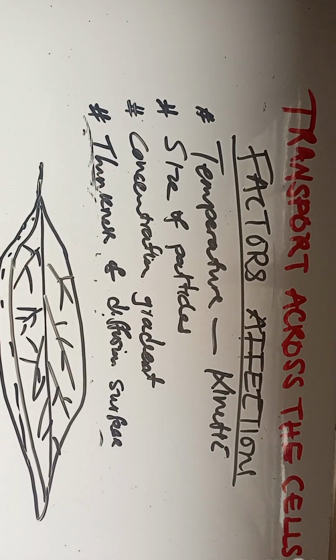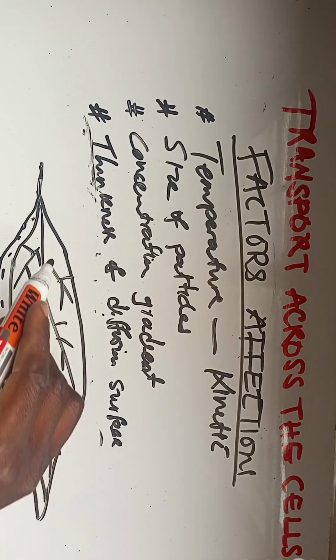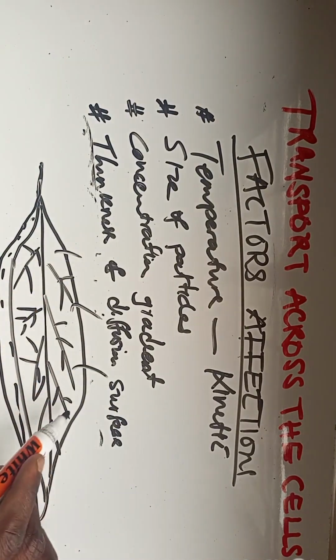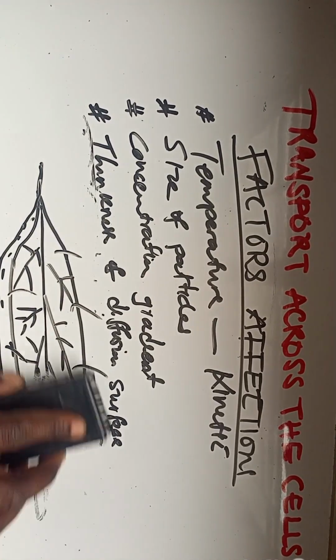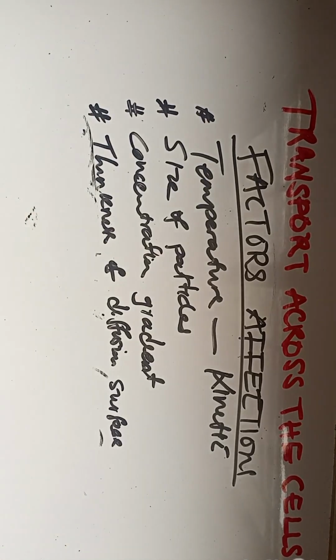If particles want to move out of this, because it has a large surface area, the particles can come out from here, from here, from here, as many as they can, because the surface area is low compared to this one.